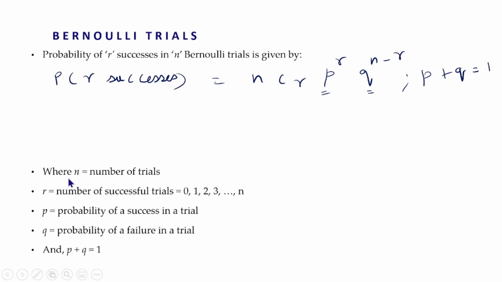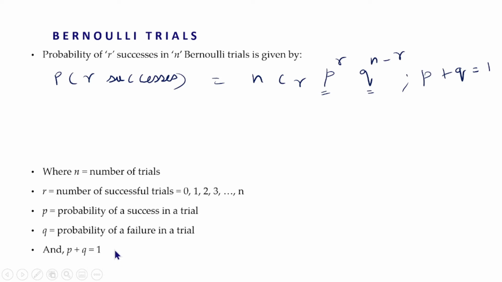Here n is the number of trials, r is the number of successful trials: 0, 1, 2, 3 up to n, p is the probability of success in a trial, q is the probability of failure in a trial, and p plus q is equal to 1.